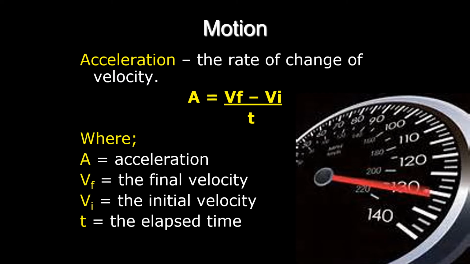Or its velocity increased 7.5 miles per hour each second. If it took 8 seconds to slow from 60 miles per hour to a full stop, then it would be said to have a negative acceleration of minus 7.5 miles per hour per second.